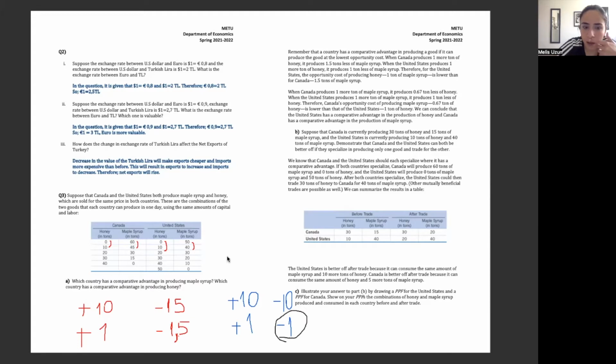So let's look at the maple syrup. And again, we'll use a pen.